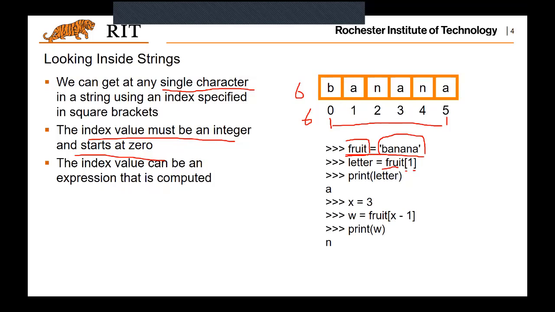For example, if you want this A, which is the second character of this string, then put index 1 here, assign this character to the variable letter and print it out. It is A. So that's the format to access each of the elements stored in this array. In this case, it's a string.